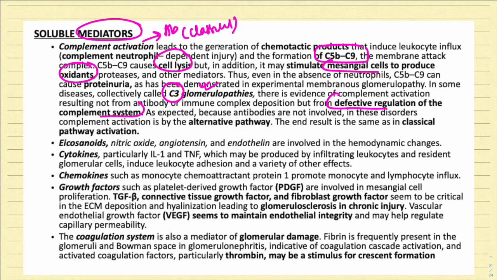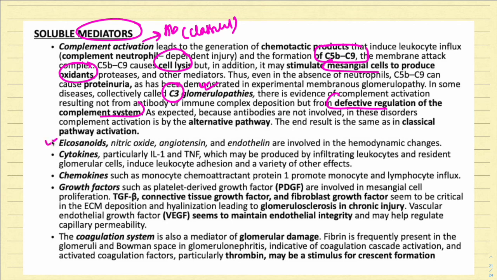But there are other pathways by which the complement can be stimulated, not via the antibodies. That is the C3 glomerulopathies, wherein the alternate pathway is classically involved. The end result is the same for both the alternate and the classical pathway: there will be activation and release of the inflammatory mediators.